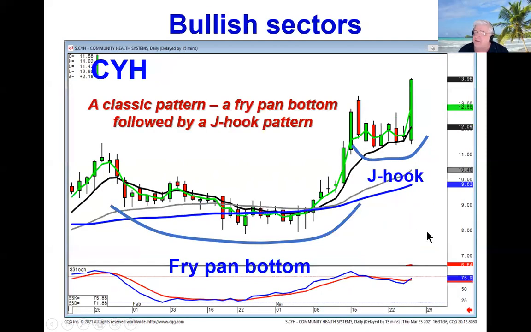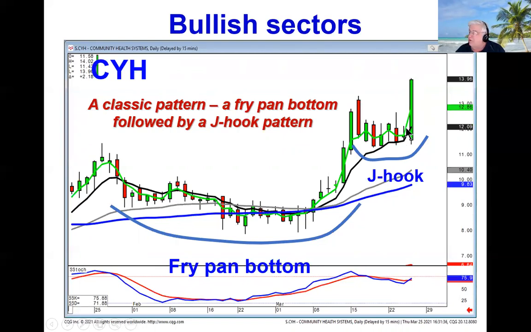That same analysis was also identified by people in the chat room on CYH, a J-hook pattern after a fry pan bottom. This is what we call the classic pattern. Fry pan bottom has a strong price breakout. A J-hook pattern has a strong price breakout or a strong price move as a prerequisite for it pulling back.